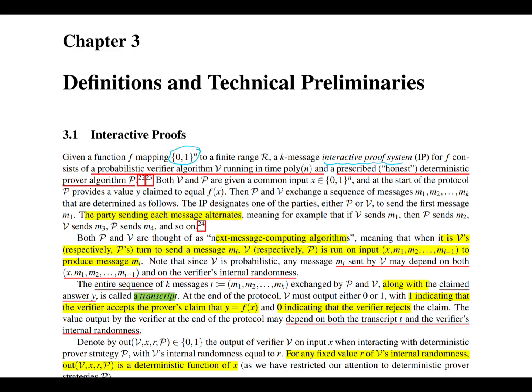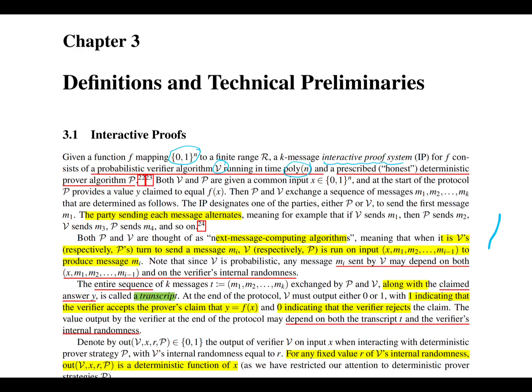For f, it consists of a probabilistic verifier algorithm, so we call it V now, running in polynomial time in n, and the prescribed honest deterministic prover algorithm P. So here, let's prescribe that V must be a probabilistic verifier running in polynomial time.